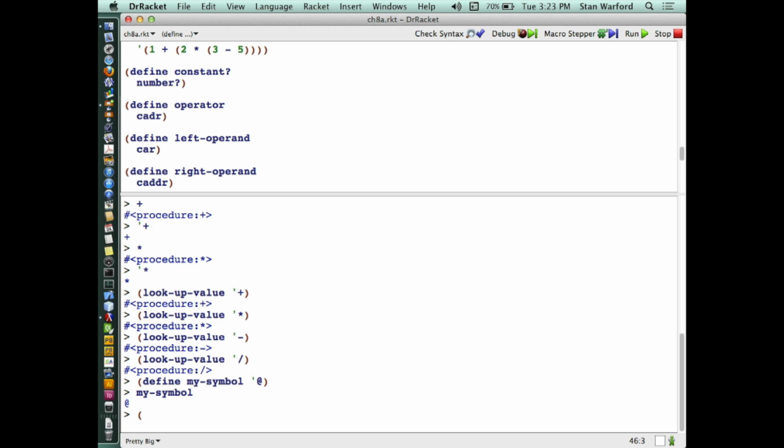Now, check this out. We have equal, E-Q-U-A-L. Remember we had the equal sign once before, but this is not the equal sign, this is the equal. How does equal work with this? If we say equal, and then my symbol, quote, at, then what will equal return?